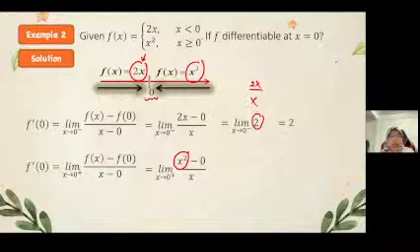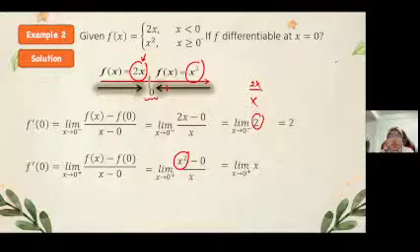So x squared minus 0; you just substitute x with 0 and you are going to get 0. So x squared minus 0 over x. What we are going to get is x squared over x, so you can easily simplify them to become x. So this is the limit for x approaches 0 from the right hand side for x.